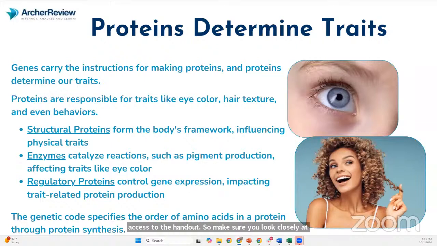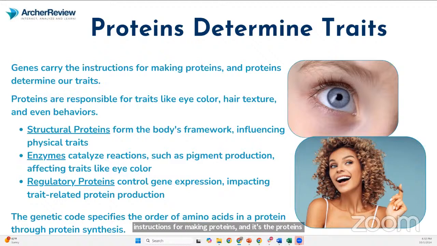So moving into genetic material and proteins, one of the things that might be kind of hard to wrap your head around is that genes are segments of DNA, and DNA is our recipe book for making who we are. So in a very literal context, genes carry those instructions for making proteins, and it's the proteins that make us who we are.